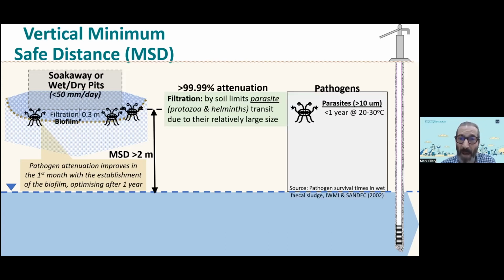The first of the pathogens to be attenuated will be the parasites, the protozoa and helminths. And they are pretty much all retained within about the first 300 millimeters, although they can last a very long time, up to about 1 year in the Pacific. They're not going anywhere. They're going to actually stay quite close to the pit.